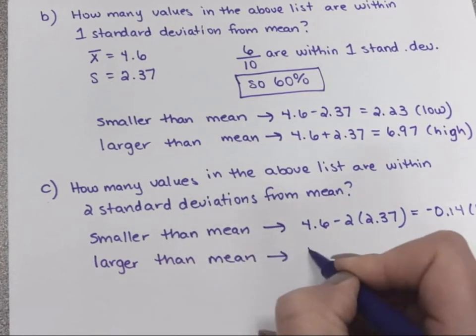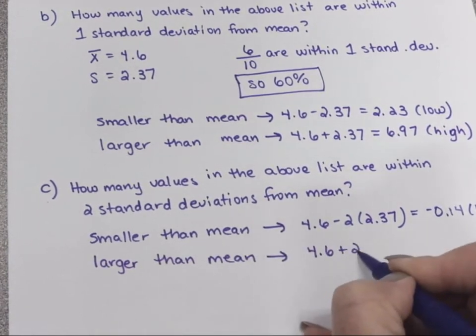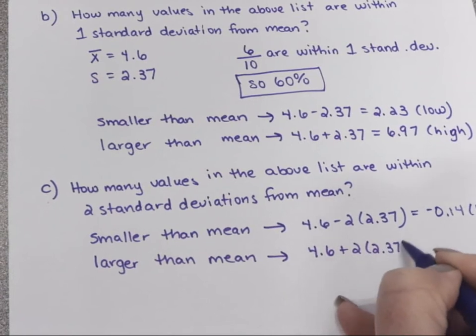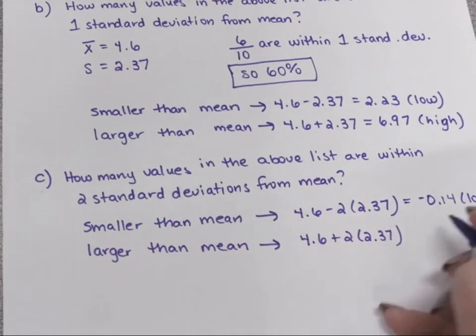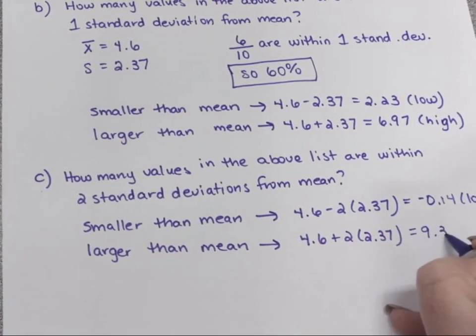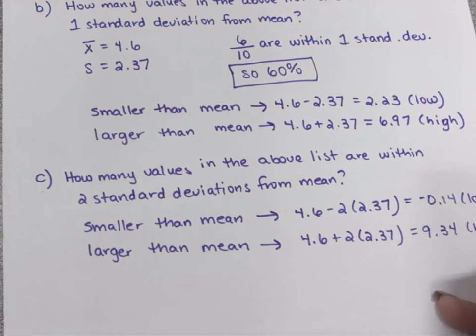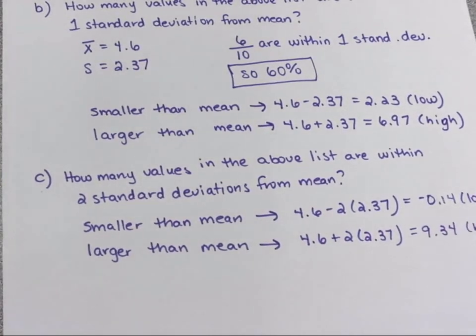Larger than the mean would be 4.6 plus 2 times the 2.37 standard deviation quantity, which is 9.34. So anything between these two values are considered within 2 standard deviations, okay?